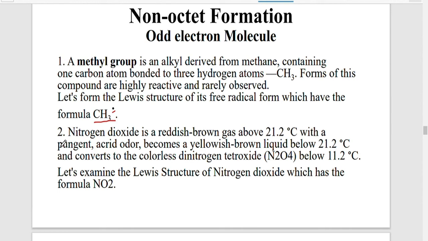It is a reddish-brown gas above 21.2 degrees Celsius, with a pungent, acrid odor. It becomes a yellowish-brown liquid below 21.2 degrees Celsius, and converts to the colorless dinitrogen tetroxide below 11.2 degrees Celsius. So this is a very interesting compound. Let's also examine the Lewis structure of nitrogen dioxide, which has the formula NO2.